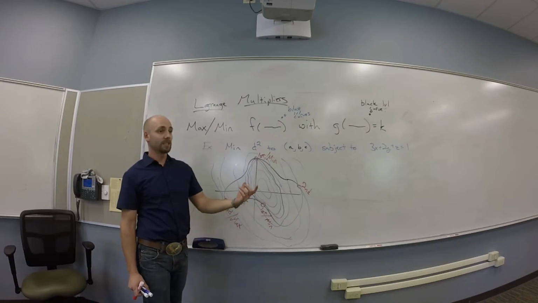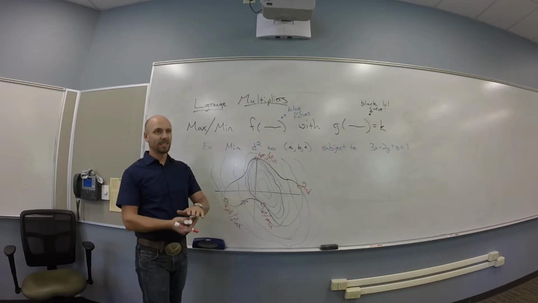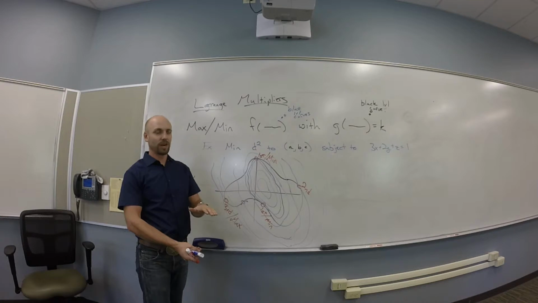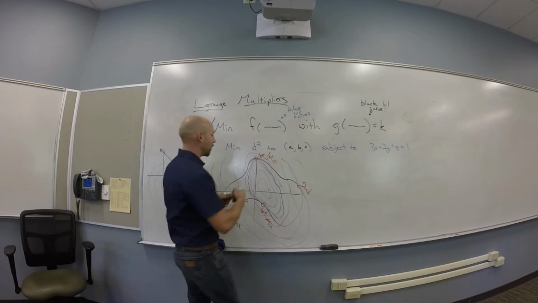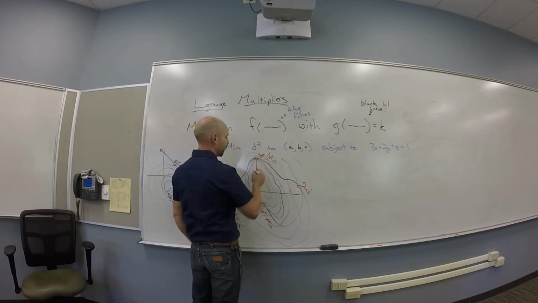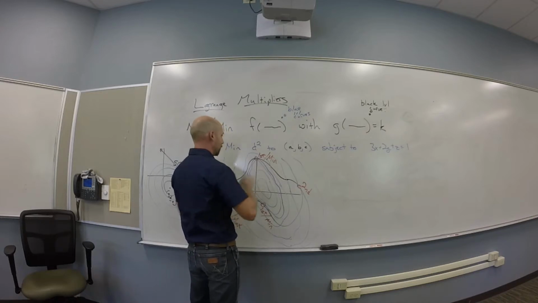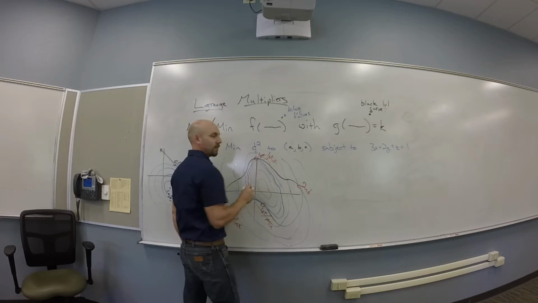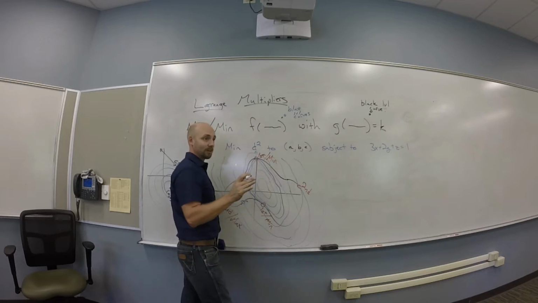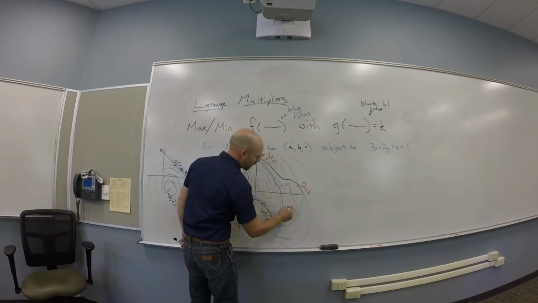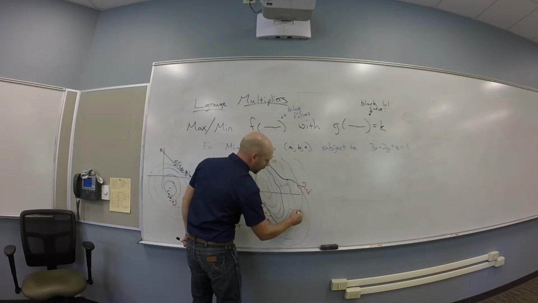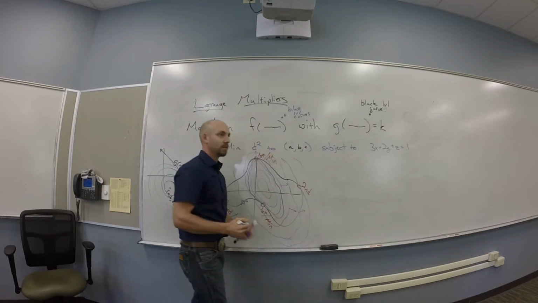I'd take the gradients, but the gradient has length information that I don't actually care about, right? Because my concern is, maybe here's the gradient of blue. It's perpendicular to the level curves, so there are all these gradients of blue that stick straight out from these level curves.